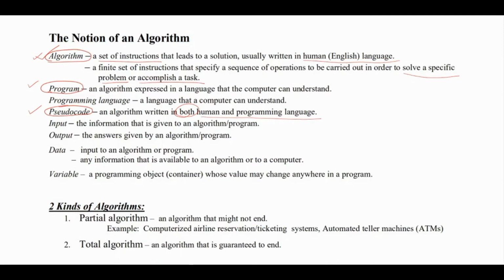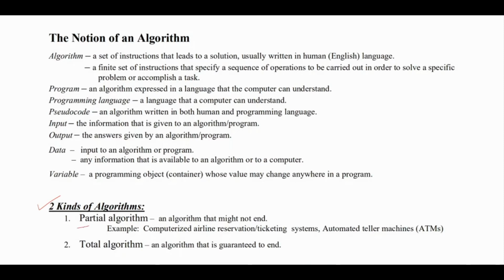While the program is now written in a programming language. Okay? So again, algorithm is written in human or English language. Program is written in a programming language like the C programming language, and pseudocode is written in both human or English and programming language.